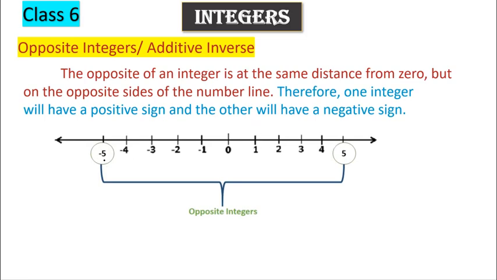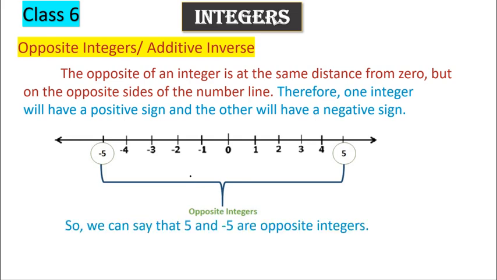This 5 and -5 are opposite numbers. 5 is 5 units away from 0 in the right direction, on the right side of 0. -5 is 5 units away from 0 in the left direction. The distances of 5 and -5 from 0 are the same. So we can say that 5 and -5 are opposite integers.